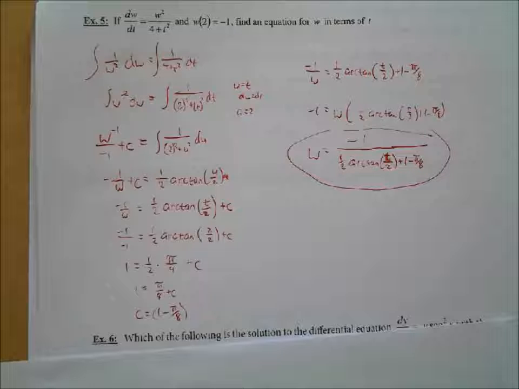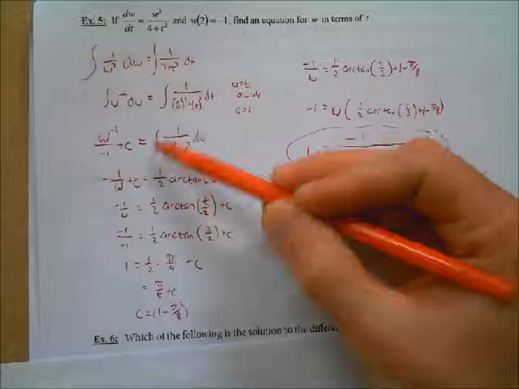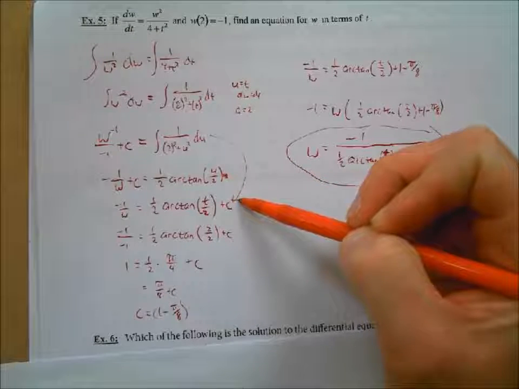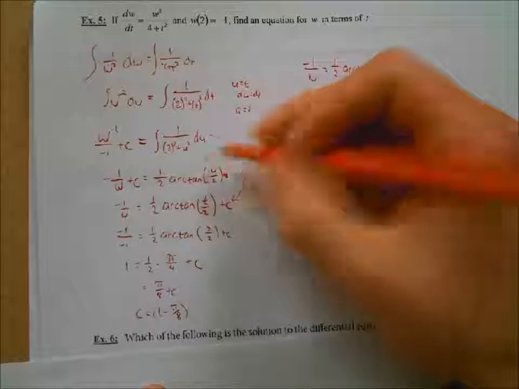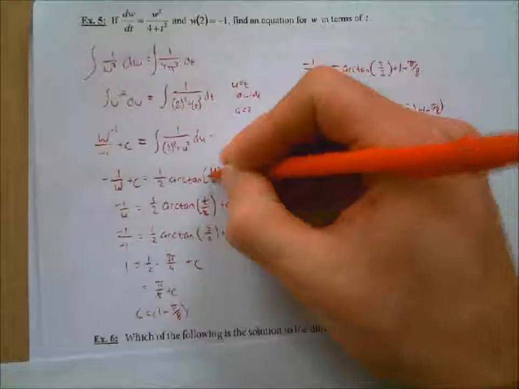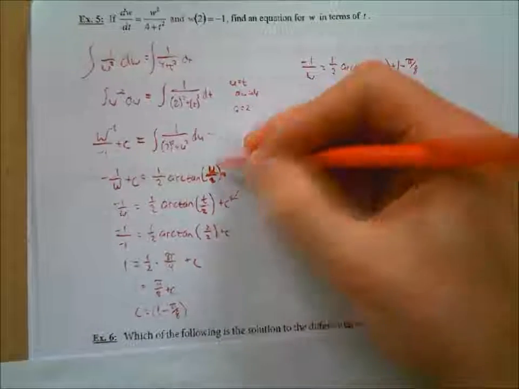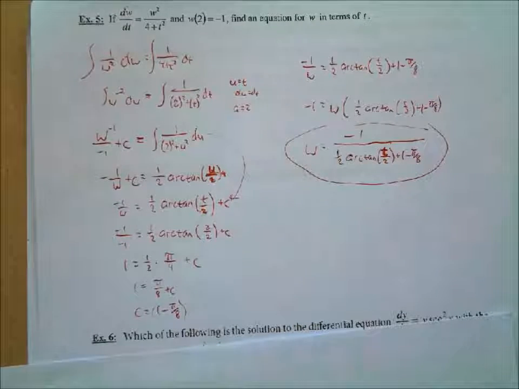It goes from arctan of 4 over 2 to arctan of T over 2 to arctan of 2 over 2. Sorry, that's supposed to be a U, because I did a U substitution here. Not necessary. If you want to, you can just skip from here down to here. I used a U substitution, so that's a U, not a 4. My U is T, so I just replaced the U with the T. There was no need to do a U substitution there.